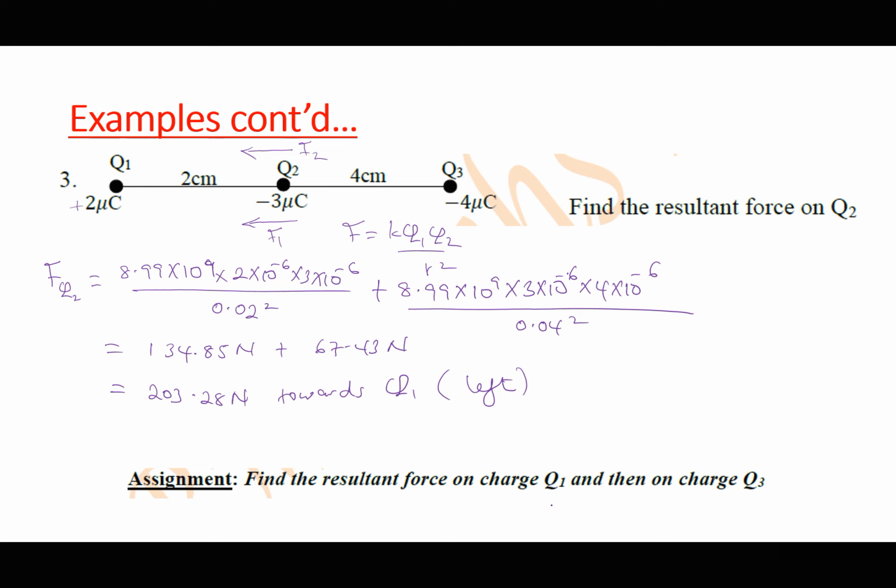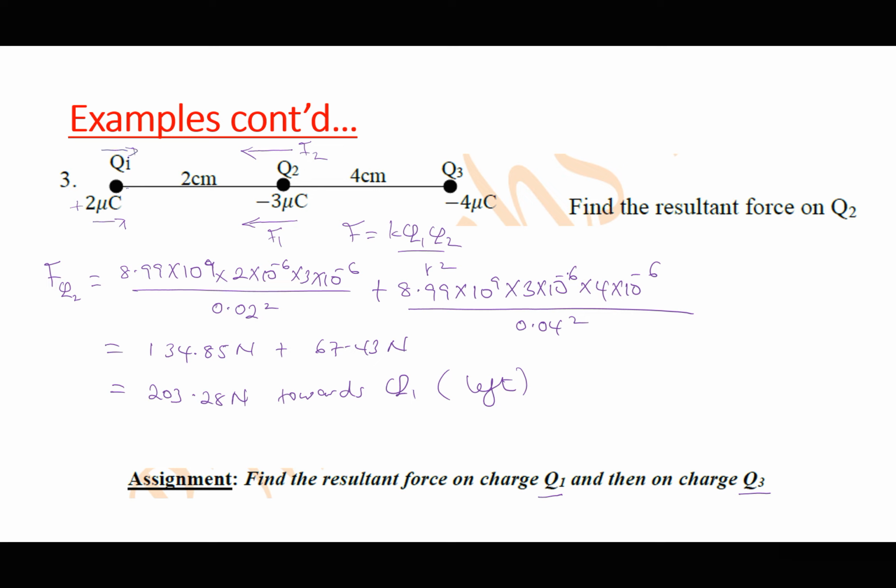As an assignment, you should be able to find the resultant force on Q1 and also find the resultant force on Q3, just following the same procedure. Remember, when I consider Q1, Q2 is attracting it to the right, because this is positive, the other one is negative. Q3 is also attracting it to the right because this is positive, the other one is negative.